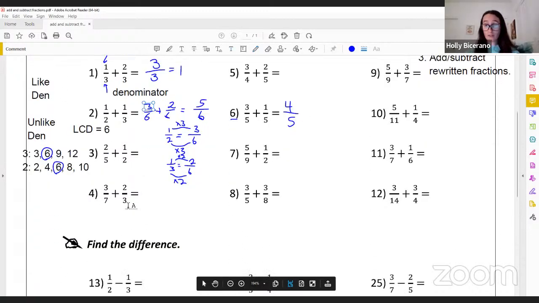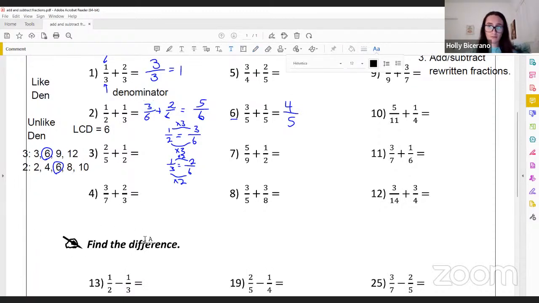We have 7 and 3 as our denominators. So let's start to make a list of the multiples of 7. So we have 7, 14, 21, 28, etc. Then the multiples of 3, right? 3, 6, 9, 12, 15, 18, 21.